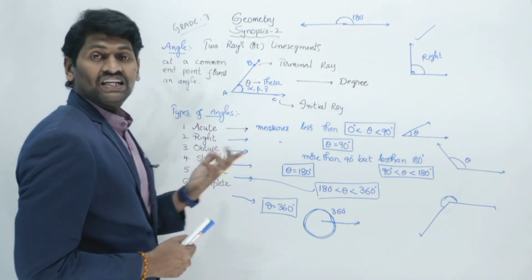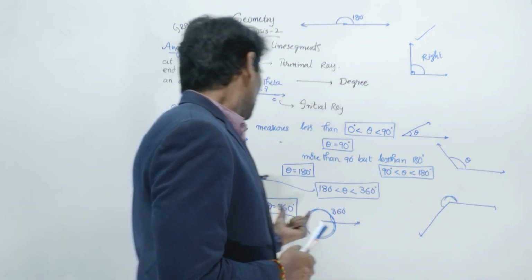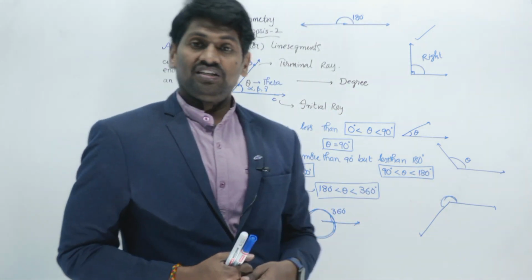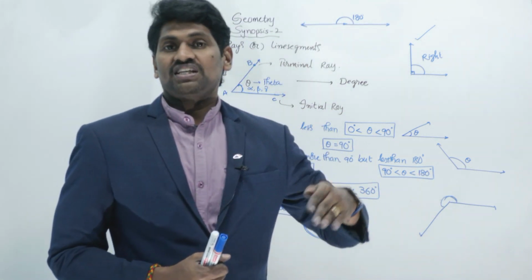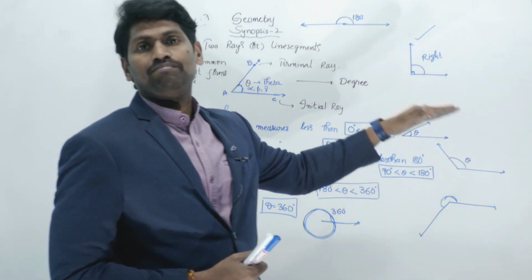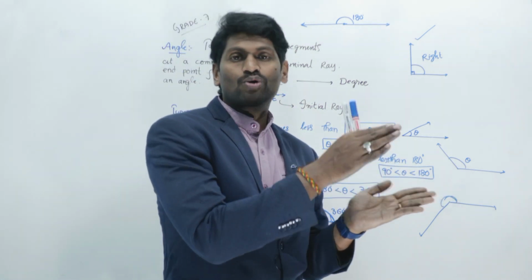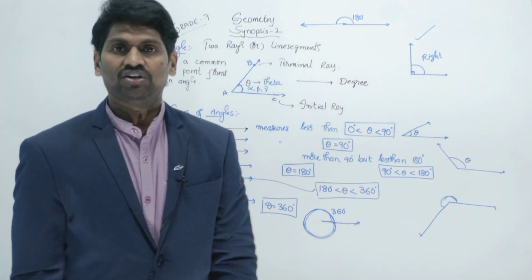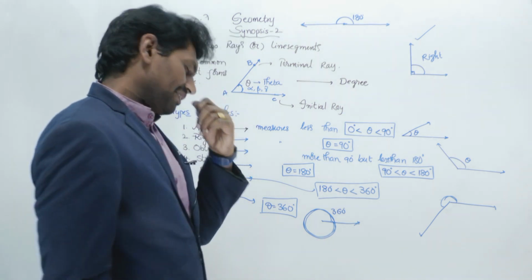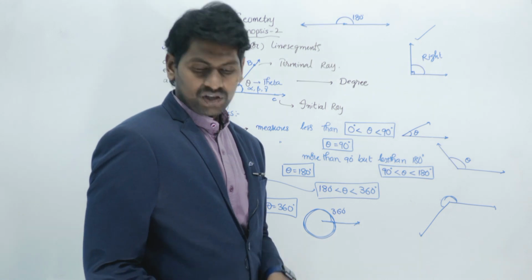More than 180, less than 360, reflex angle. Last but not least, complete angle, which measures exactly 360 degrees. That means the terminal ray completes one rotation and both the terminal ray and initial ray coincide together. Okay? So which gives 360 degrees. So complete angle.